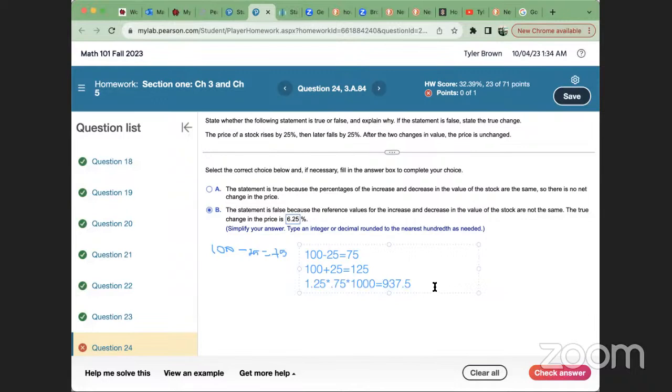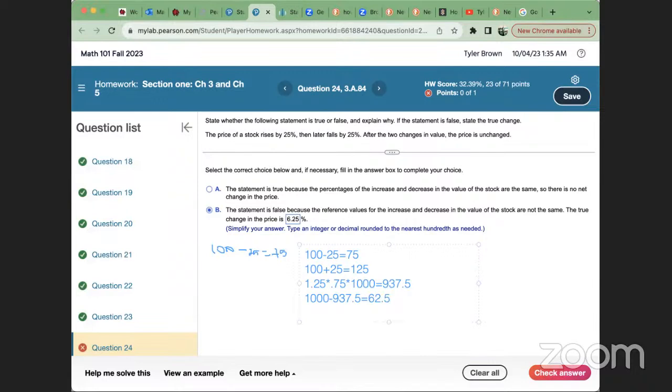Okay. So I got 937.5. Now you take 1,000 and subtract 937.5 from 1,000. So we got 1,000 minus 937.5 equals 62.5.